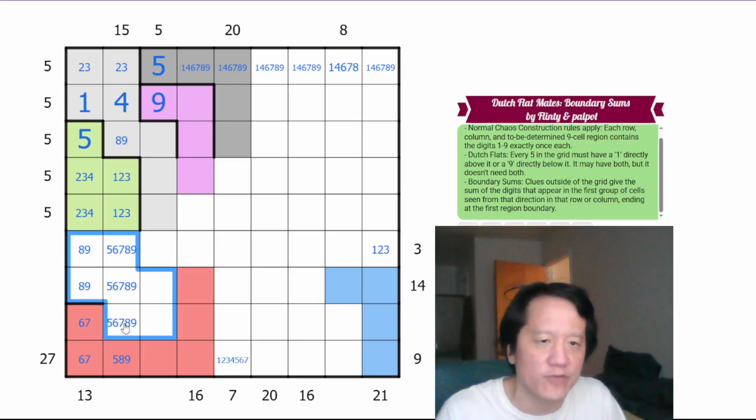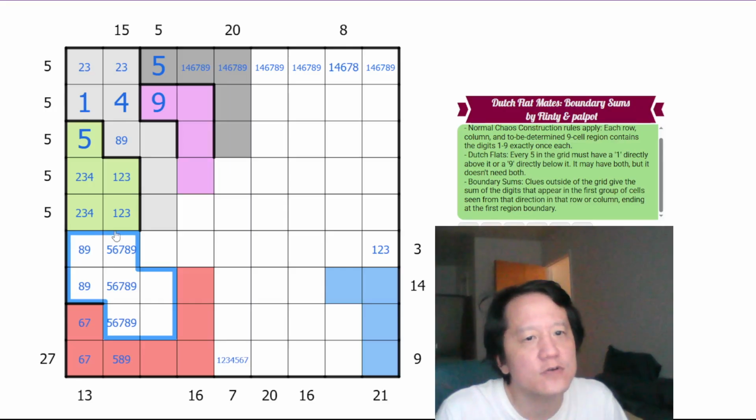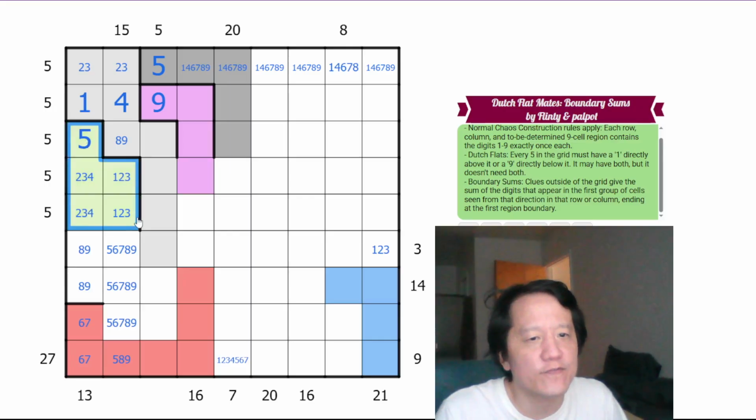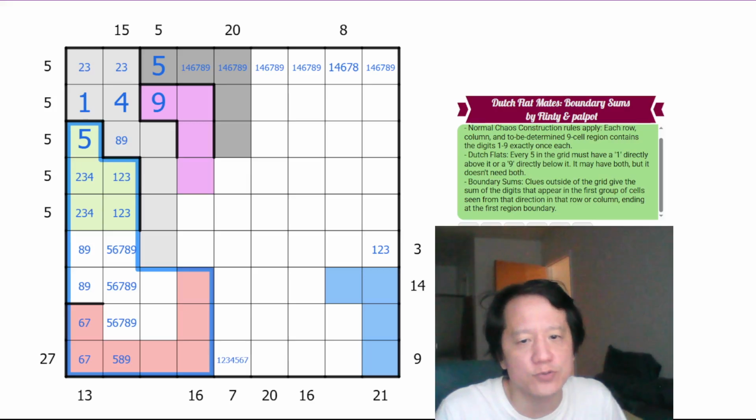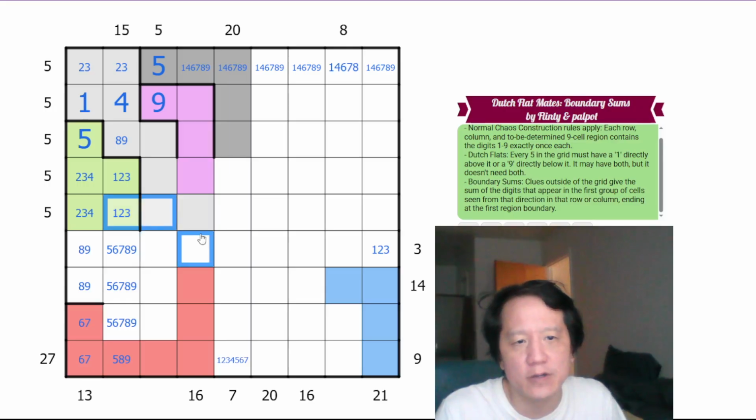Therefore, it can't form a full region by itself. So if we go light here, we have 19 cells trying to fit in 2 regions, which doesn't work. So light has to go that way.